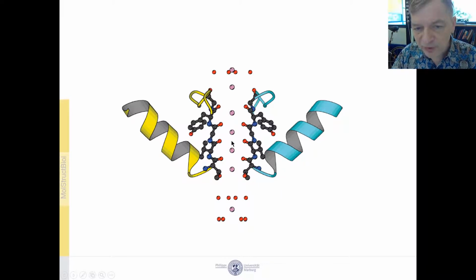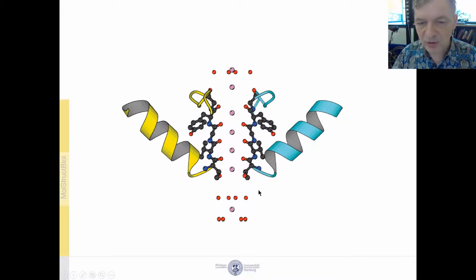Besides the 4 potassium ions in the selectivity gate, there are 2 more. One of them is here at the entrance site, which is already waiting that it may come in. So it's loosely attached here to some of the side chains and the other parts. And one potassium ion is shown here that is fully hydrated by 8 water molecules.